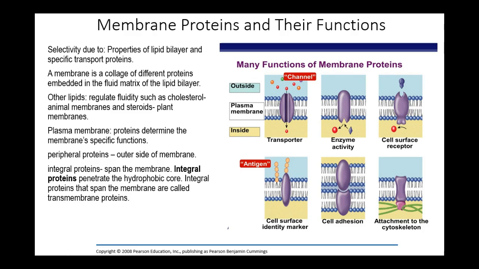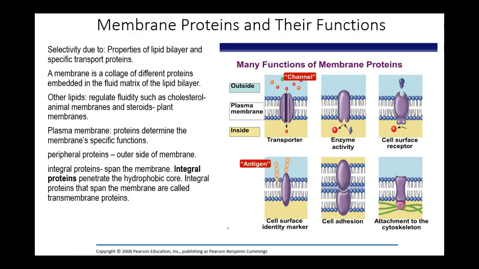They can be either integral or peripheral. Looking at the bottom portion of the diagram here, you can have peripheral proteins on the outside, embedded in the extracellular matrix, or they can be all the way through the membrane. Integrals are also called transmembrane proteins.